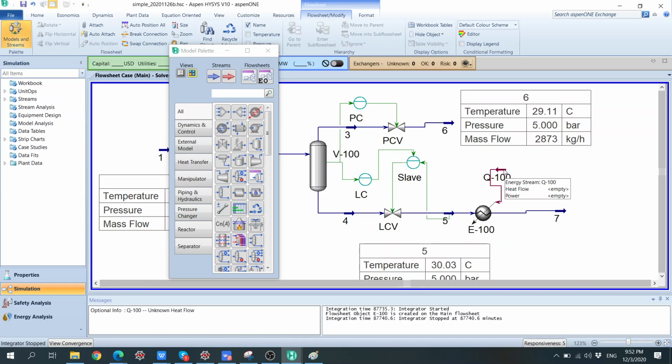Horizontal. In this case, we can have a straight control. For example, we measure the temperature over here, and then we control the flow rate or the duty of the heater. So in that way, it's like a single loop control.